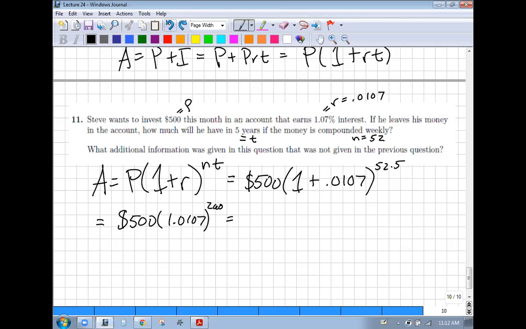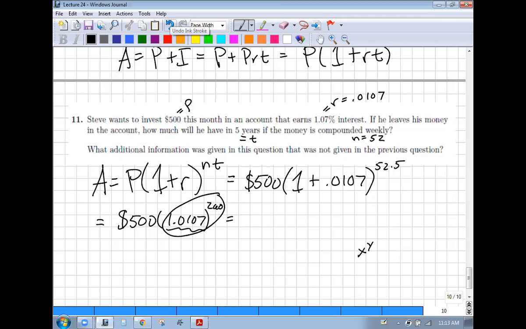With a regular basic calculator, you kind of have to work your way from the inside out. So you would start with this number, 1.0107. Now you have to hit the X to the Y, that means to the power of, and then type 260, hit equals.